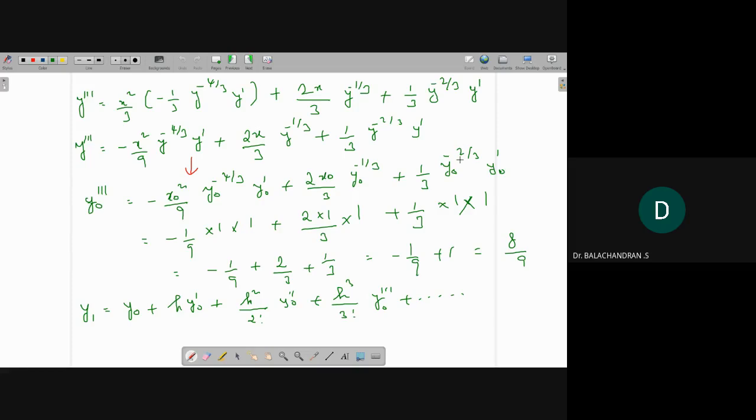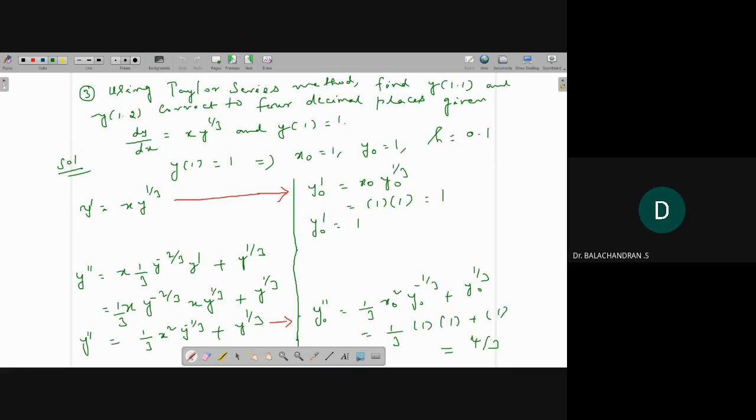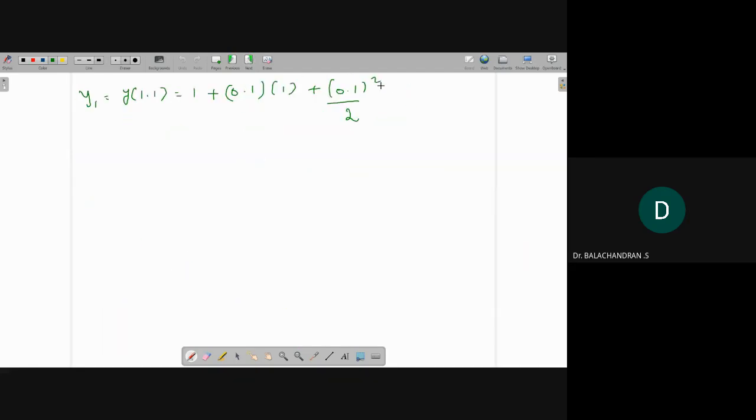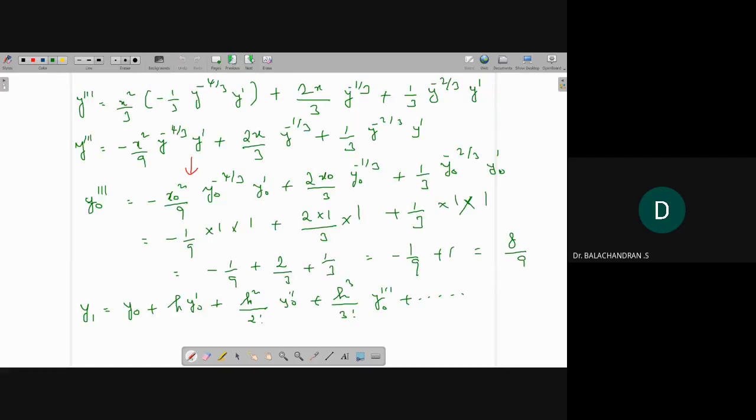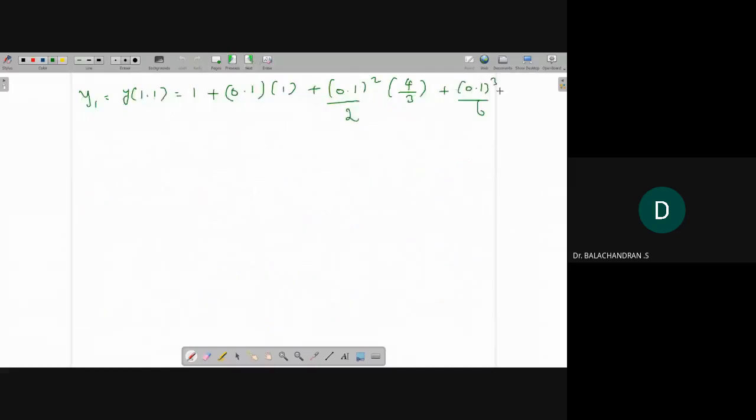Y naught double dash is what? 4 by 3. Plus h cube, 0.1 cube by 3 factorial, which is 6, into y naught triple dash. Y naught triple dash is 8 by 9, plus answer.